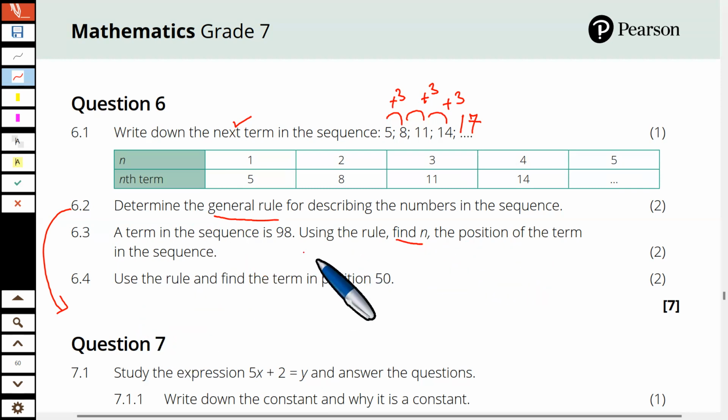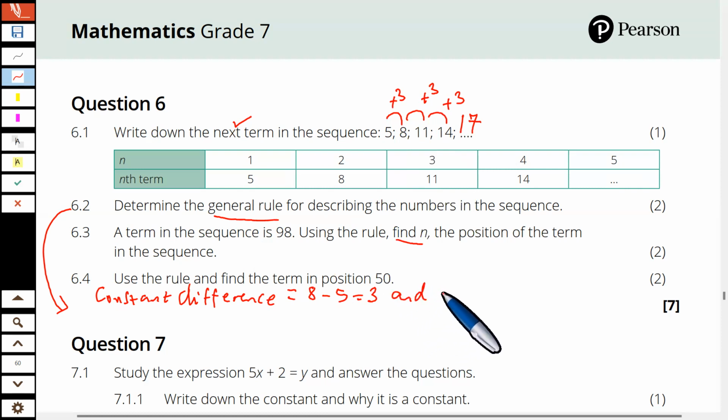So by the general rule in this question, we expect the constant difference. What is the constant difference? The constant difference can be obtained by saying the number 8 minus the number 5, and that gives 3.